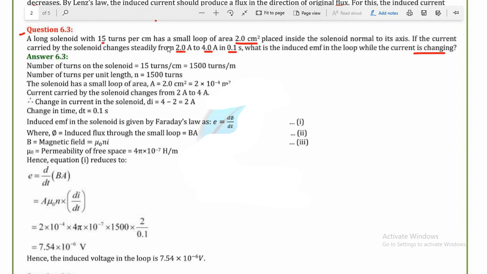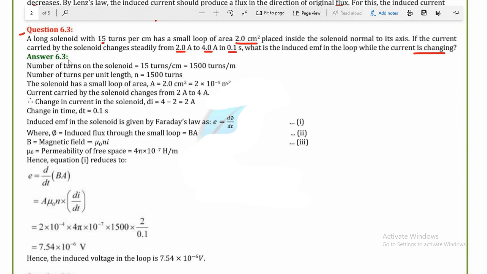Then there is a small loop of area 2 cm square placed inside the solenoid, with this cross-section area. The current in the solenoid is changing from 2 to 4 ampere, so the rate of change of current is 20 per second. Then what is the induced EMF in the loop?